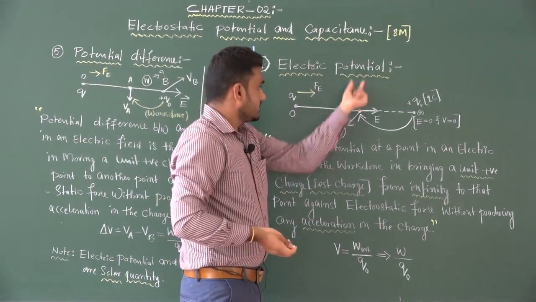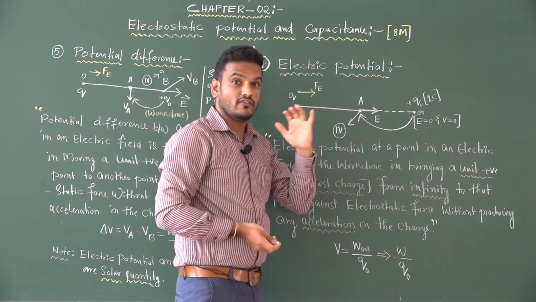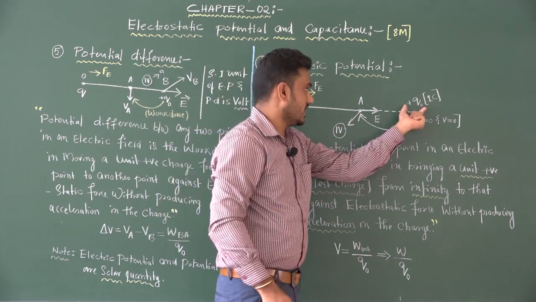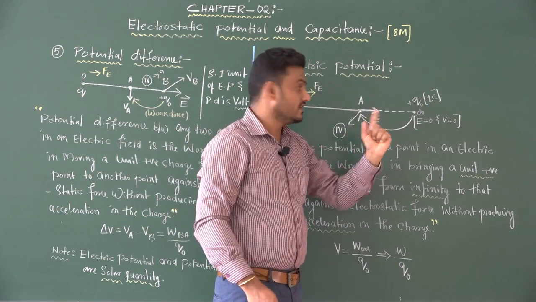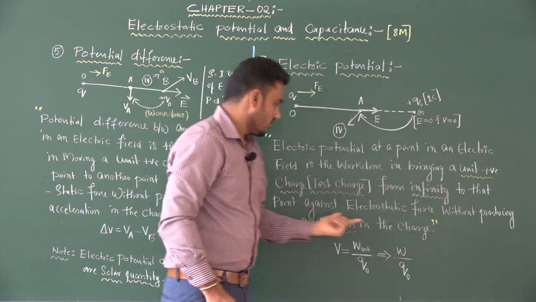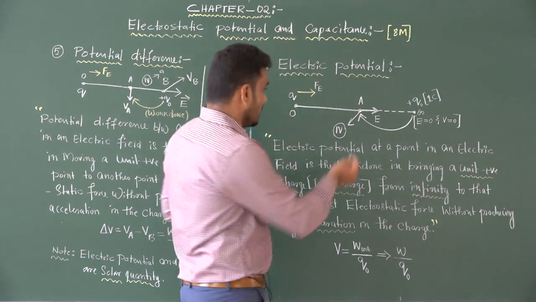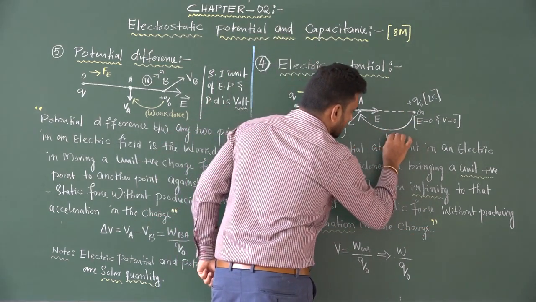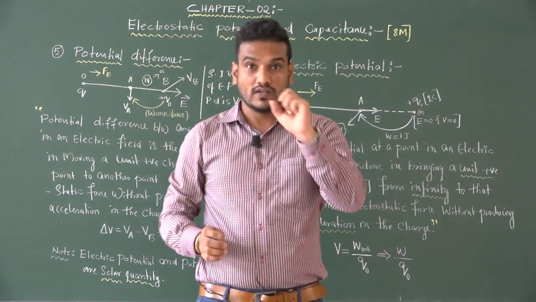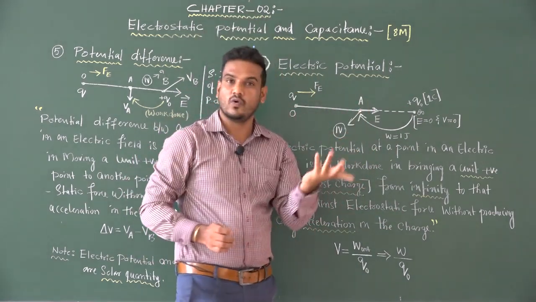The electric potential at a point is said to be 1 volt if 1 joule of work has to be done in order to bring a unit positive charge of 1 coulomb from infinity to the point A against electrostatic force without producing any acceleration in the charge. Suppose you do 1 joule of work, then the electric potential at point A will be 1 volt.